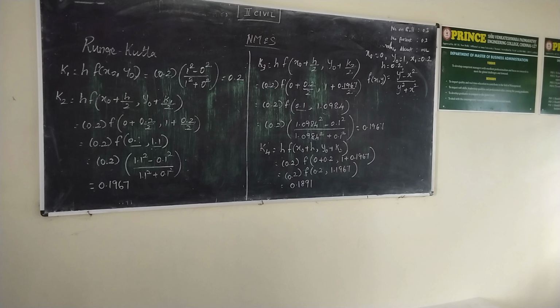Same answer or different answer? K4, K3. He said K3 is 0.203. K4 is 0.28. K3 is right. What is your K3 answer? I think that's right.